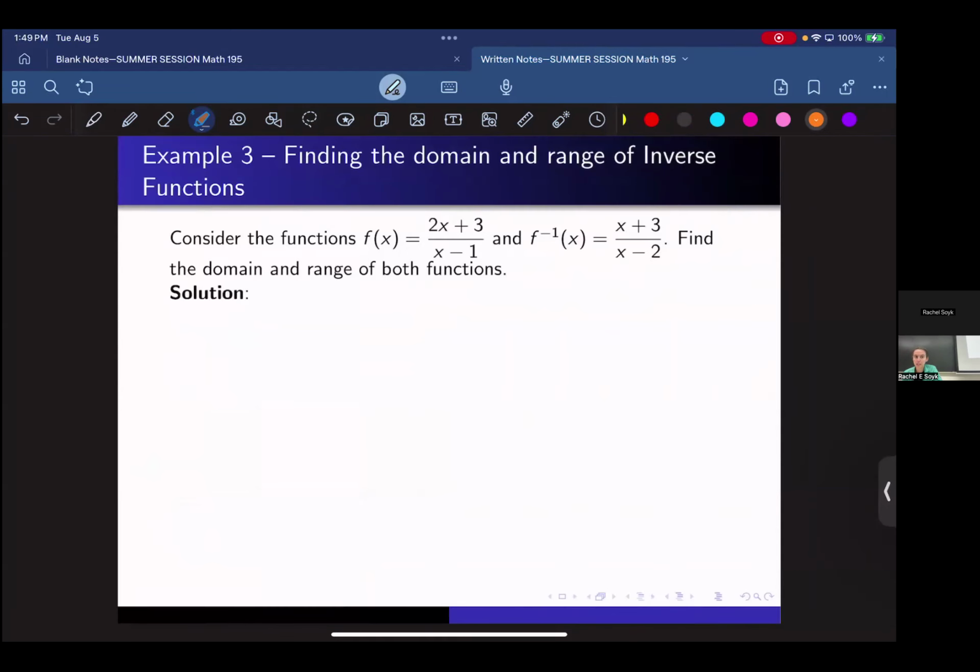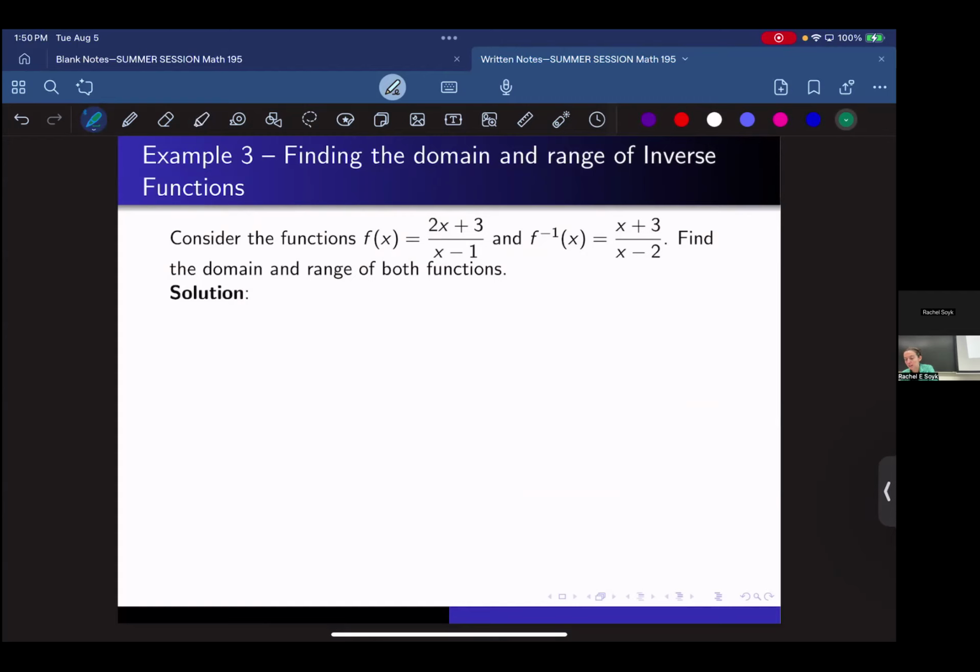So now let's do example 3 together, where we're asked to find the domain and the range of these inverse functions. So we're given the original function, which is 2x plus 3 over x minus 1. And we're given the inverse, which is x plus 3 over x minus 2.